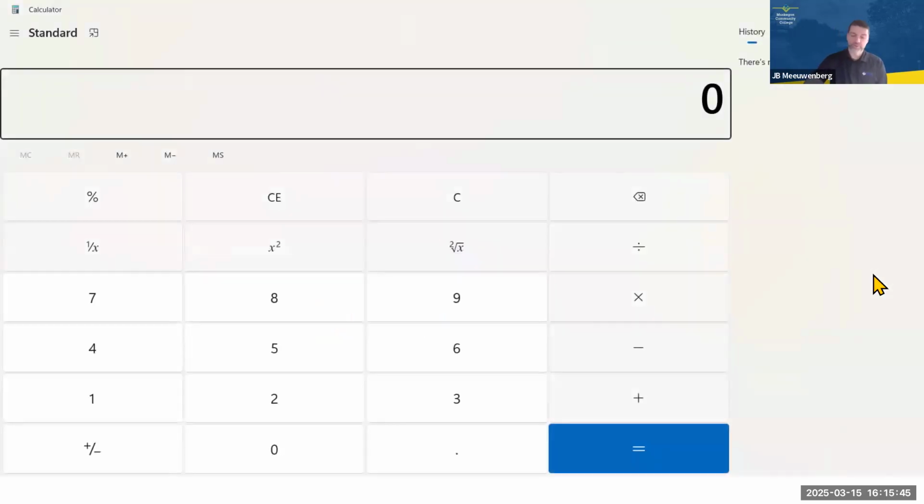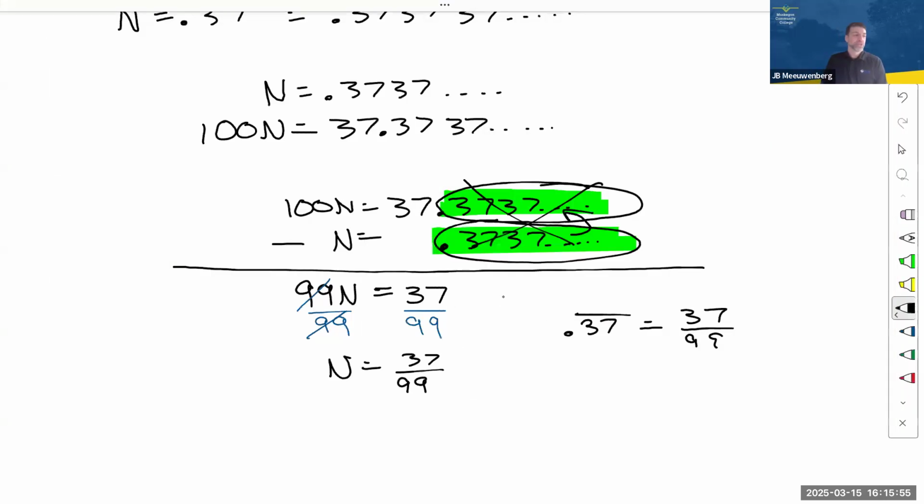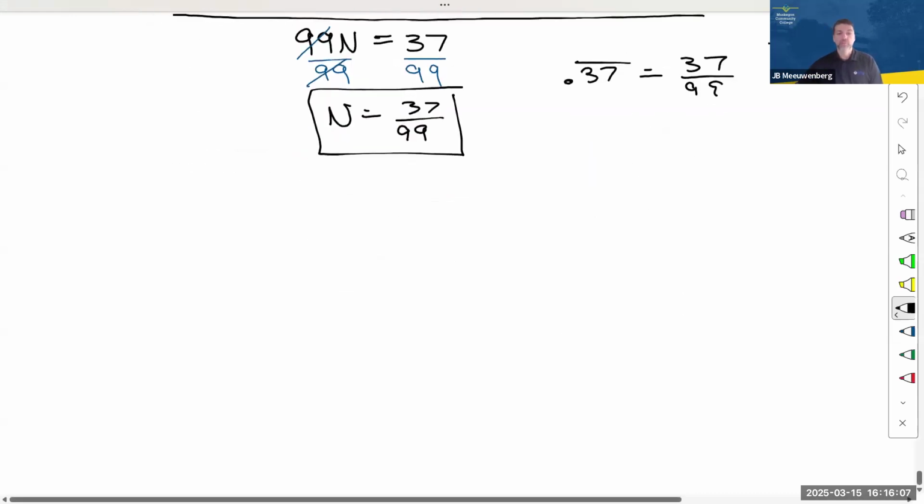If we pull up a calculator and do 37 divided by 99, you'll see it's 0.37 repeating, and that will just go on forever and ever. So this is what we get, 37 over 99. So the first time you see that, that might be a little perplexing. We're going to try a few more of these.